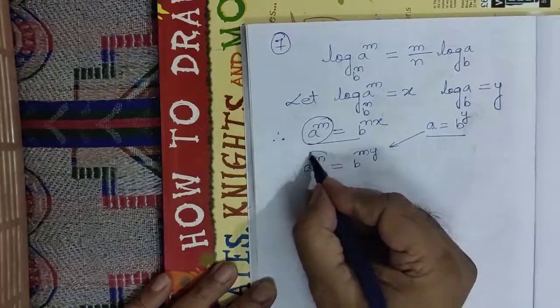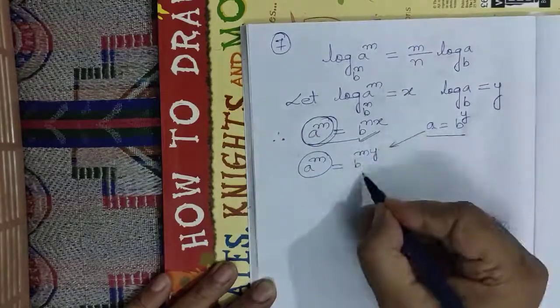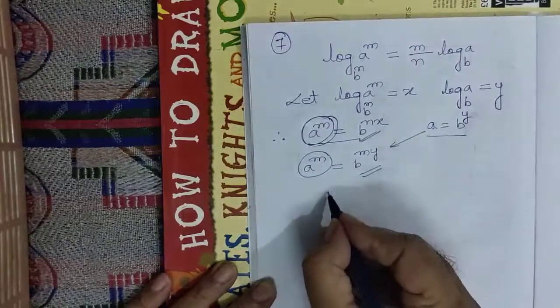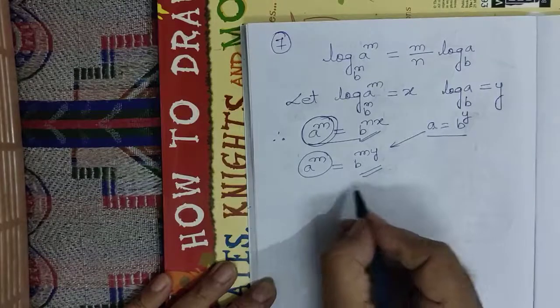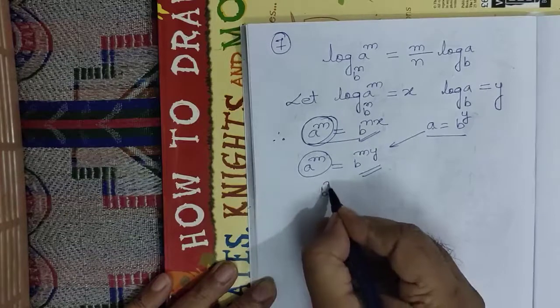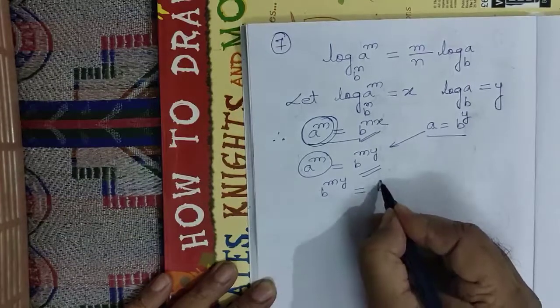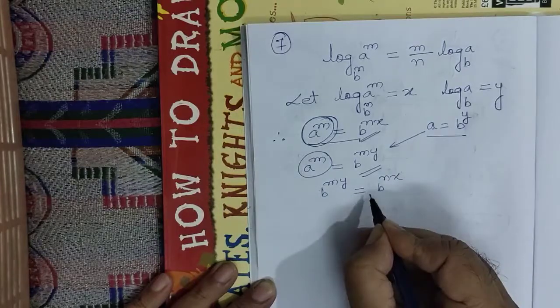Now since left hand side of these two equations are equal, the right hand side must be equal to right hand side. Hence I will be getting b to the power my must be equal to b to the power nx.